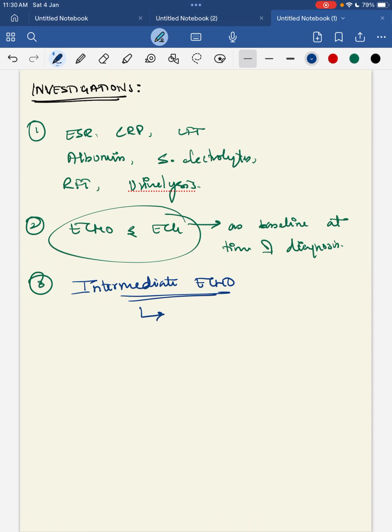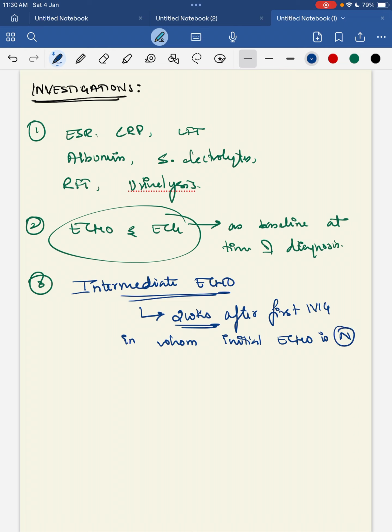Fourth, again, when do you repeat the echo? So all the patients with Kawasaki disease should undergo echo at 6 to 8 weeks after the disease onset to see progression. Okay. If the patient is having an ongoing inflammation, meaning if the child is having an increasing or persistently elevated CRP, or the child is having persisting signs and symptoms of the disease, for that child you have to perform echo on a weekly basis.